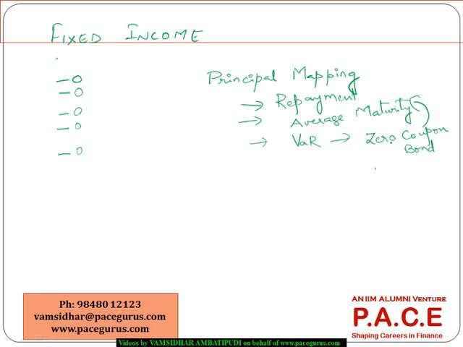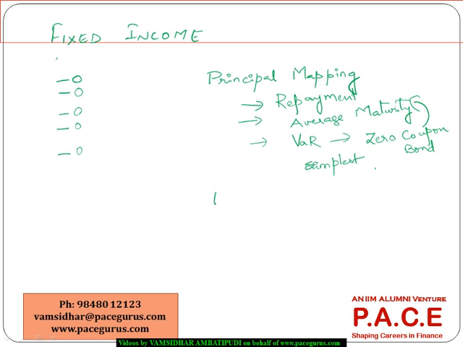Whatever risk is associated with it, we take that as the risk and compute the VAR. This is the easiest and simplest of all the methods available. So that is one way fixed income positions are mapped.